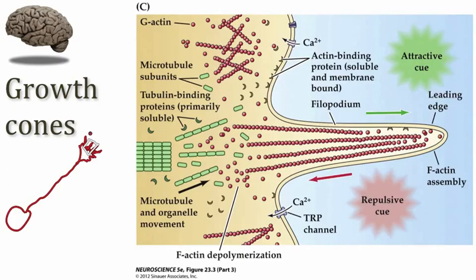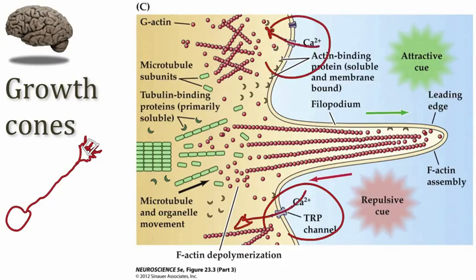So, for example, one can find a variety of channels, including our transient receptor potential channels that can mediate the interaction of this growth cone with chemical signals in the environment. There are other means by which calcium can enter this lamellipodium, and as you know, calcium is a very important second messenger system within all cells, and in particular within developing neurons. So calcium becomes a key mediator of the events that are detected at the plasma membrane of the growth cone, which then are transduced into changes in the structure and growth patterns of this growth cone.